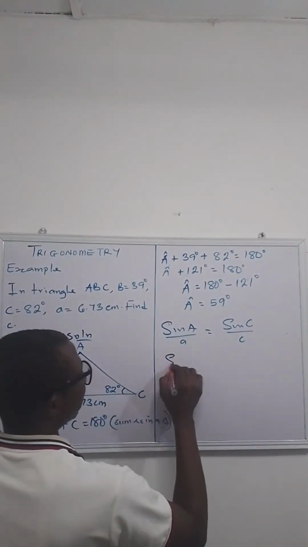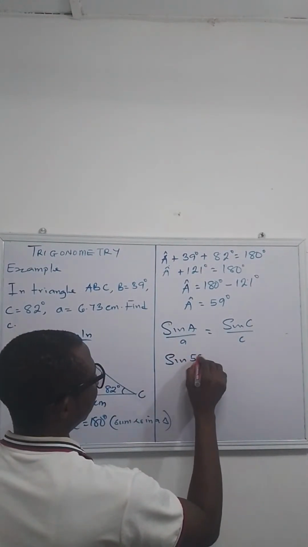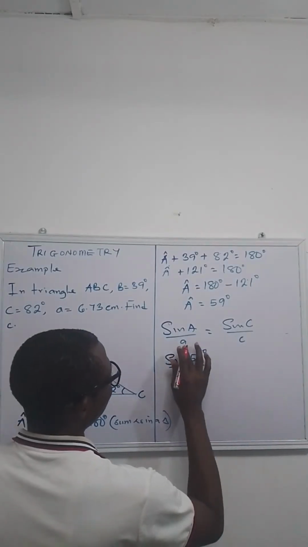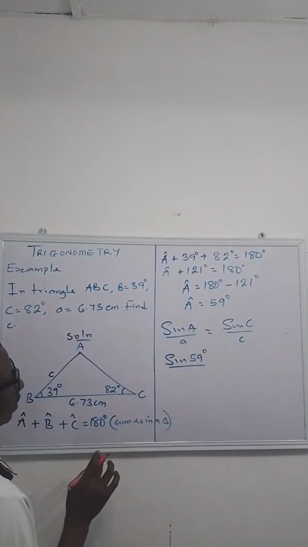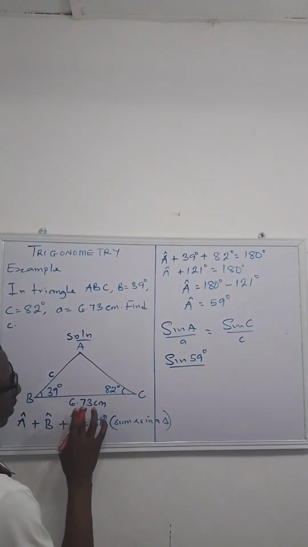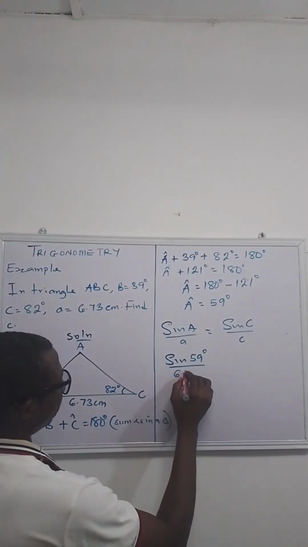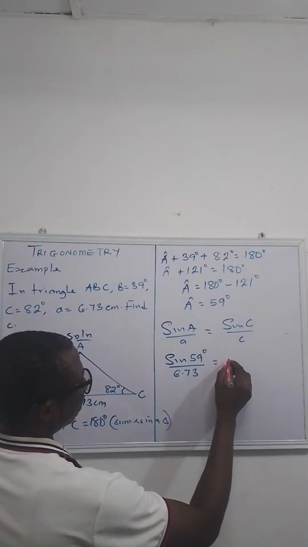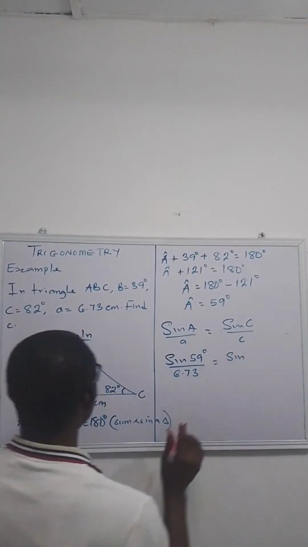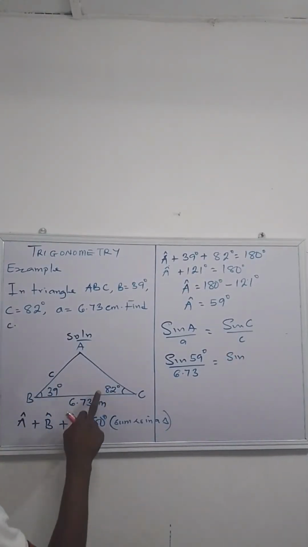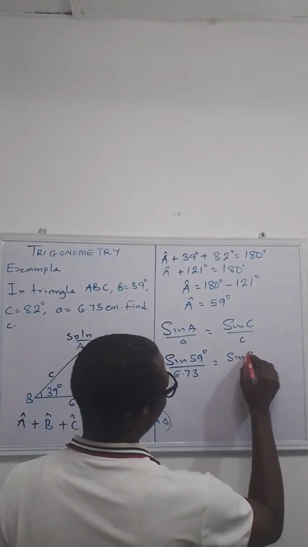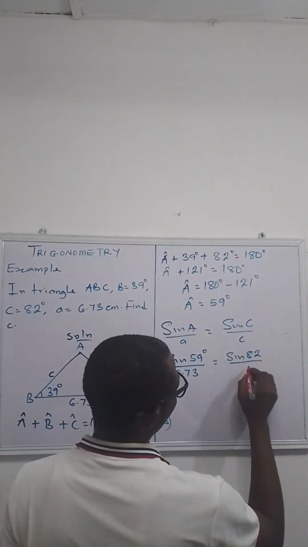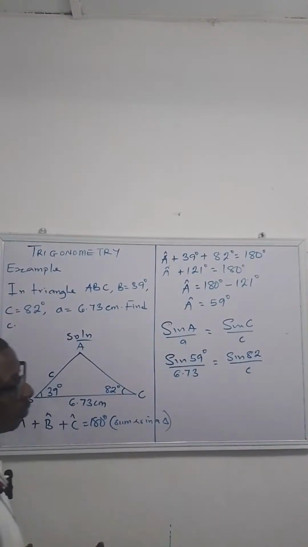So we have sine 59 degrees over side A, which is 6.73, and that equals sine C. What is C? Angle C is 82. We have sine 82 over small c. Okay, so here you can cross multiply.